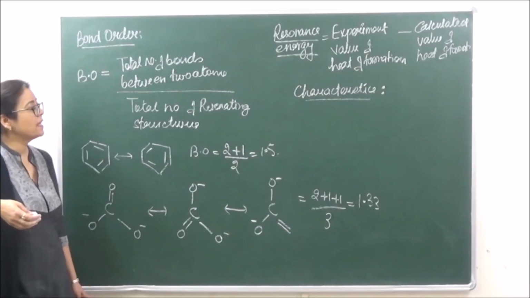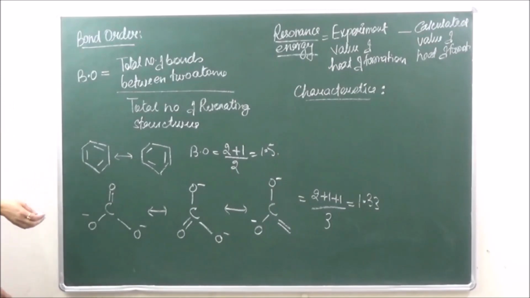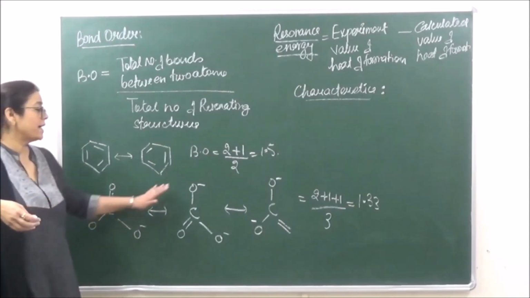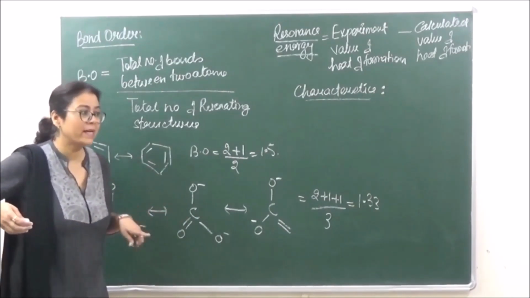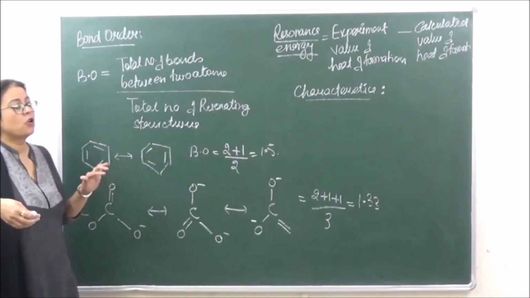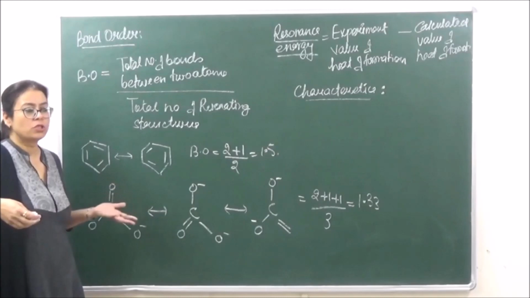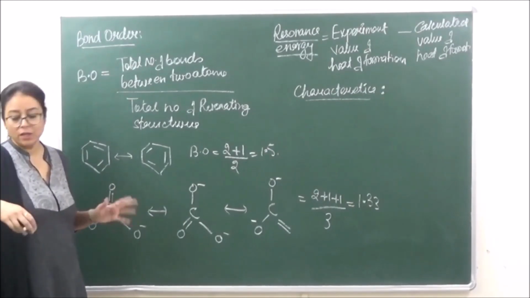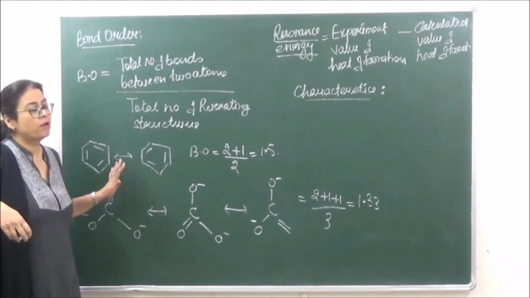So basically what is happening over here is कि even if the structure is charged, right? That charged structure which has a negative charge on a more electronegative element and the positive charge on a more electropositive element is going to be more stable. Clear हो गया? So this was the concept of resonance.